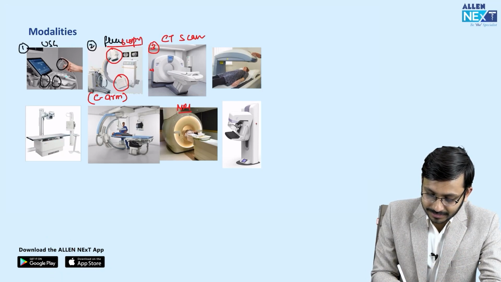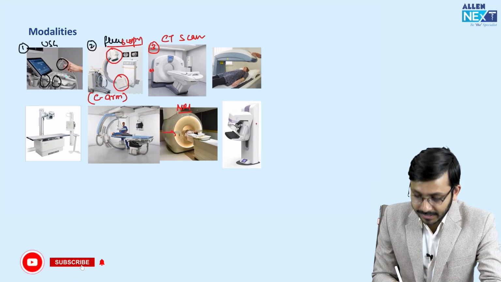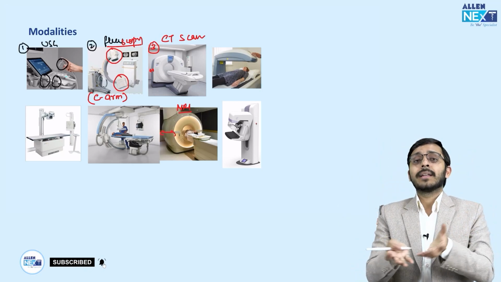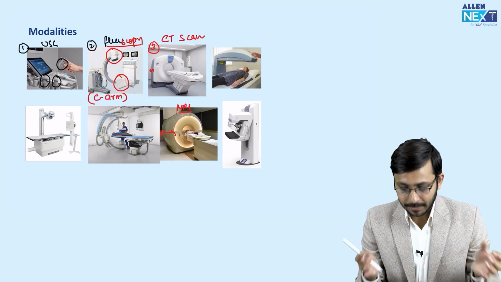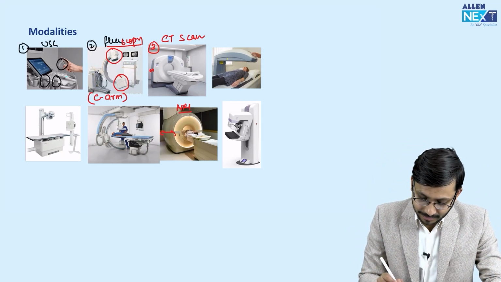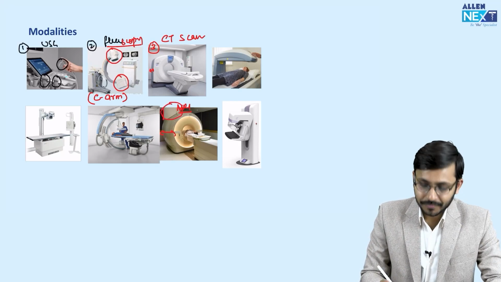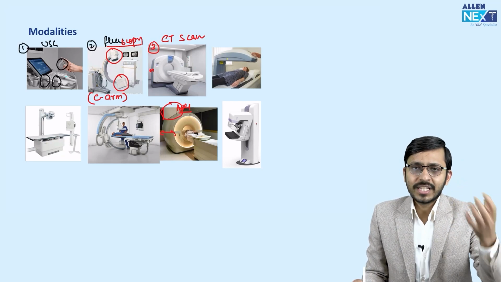The MRI gantry is very thick, a very big gantry, because a whole magnet has to come inside an MRI. And also in an MRI, you will see that there is a vent going from the machine into the roof, and that is a vent for the quenching mechanism.